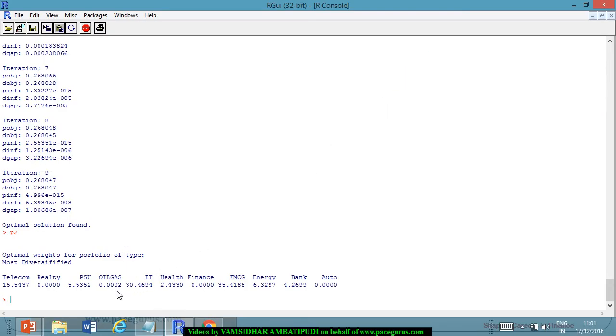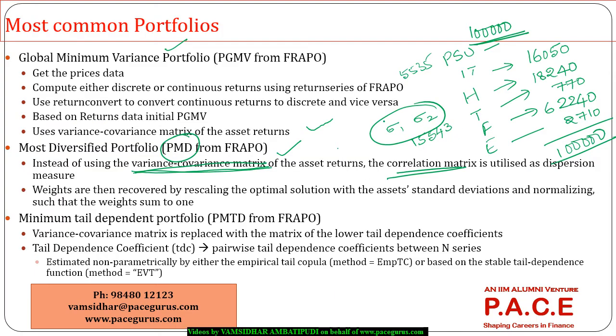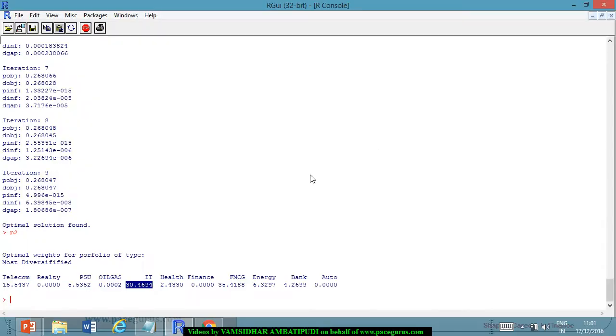Oil and gas, very minute. IT around 30,469 is going towards the IT sector as a part of this diversification. Healthcare only 2,433, because here it's not considering the individual variances at all.